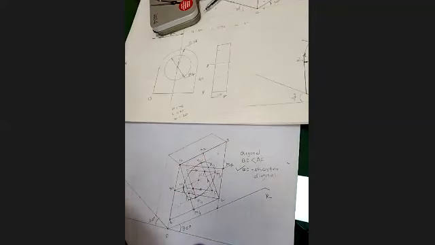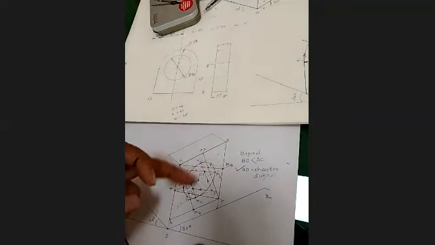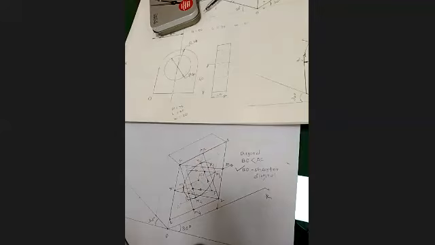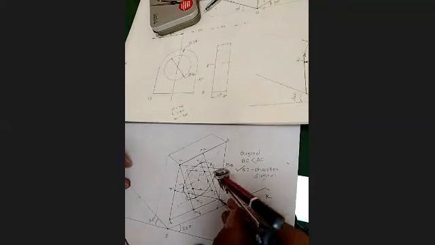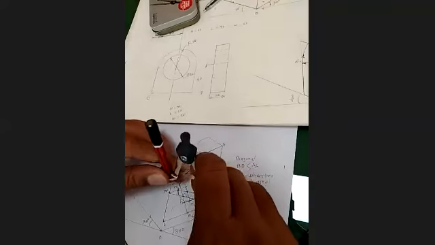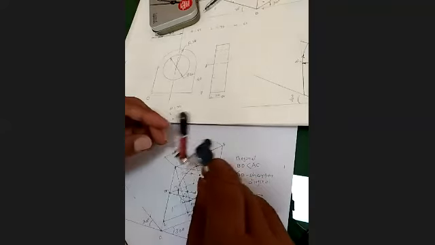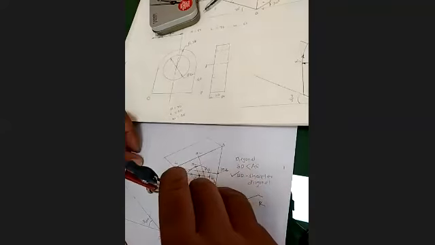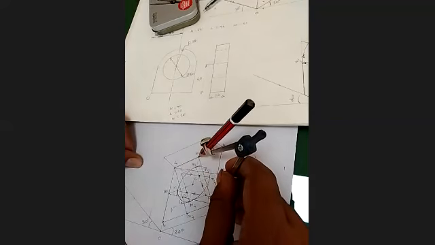So how many arcs are required here? For a complete circle, 4 arcs, right? 2 with the major radius and 2 with the minor radius. For a semicircle, 1 major radius, 1 minor radius. So with 2 as a center and radius 2 to M1, or we can say M2, this radius we have to take.